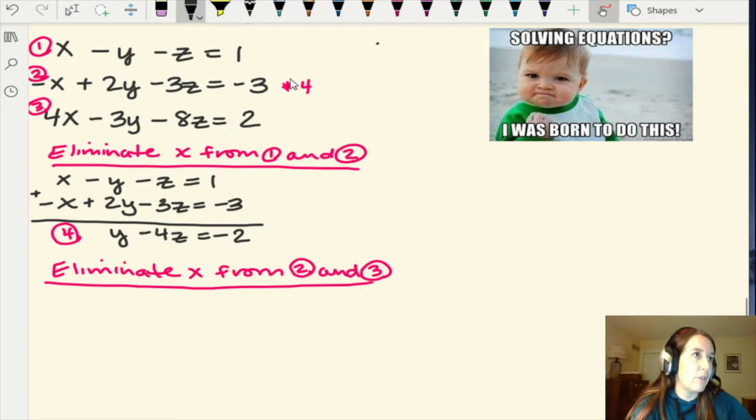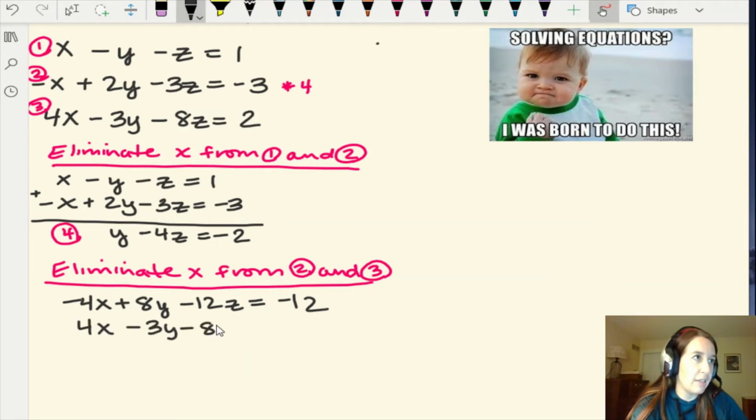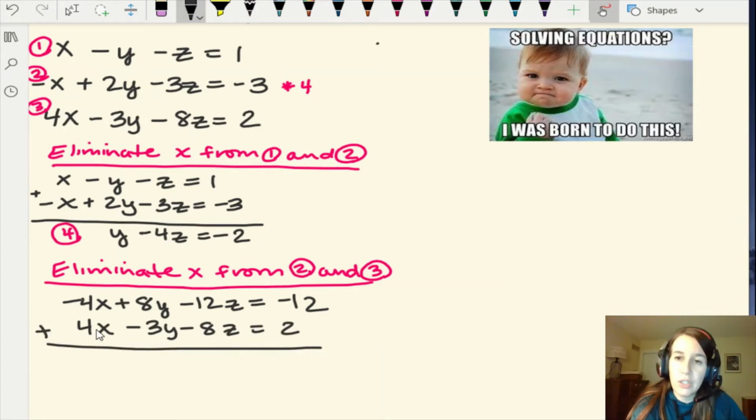So if we multiply the second equation by 4, that's negative 4x plus 8y minus 12z is equal to negative 12. And then equation 3 is just 4x minus 3y minus 8z is equal to 2. Then we're going to add those two equations together, eliminate the x's.